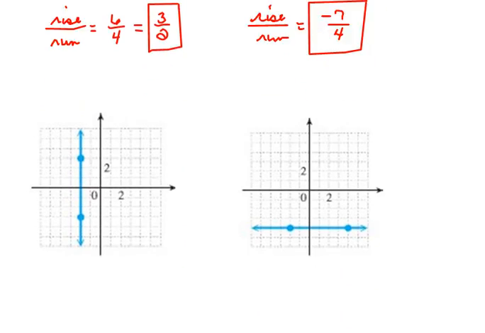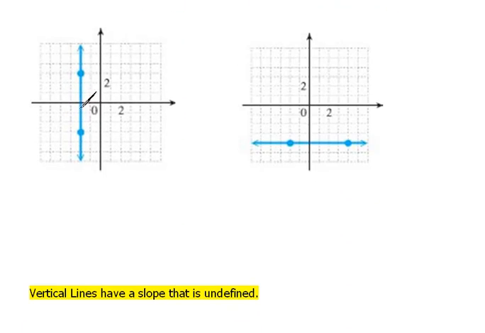Okay, let's try a couple more here. Here we have one. Again, we're going from this point to this point. Now it's a little hard to go left to right in this one because they're straight up and down. But that's okay. We're still going to do our rise over our run. So let's just go from the bottom to the top. That would be 1, 2, 3, 4, 5, 6 units to rise.